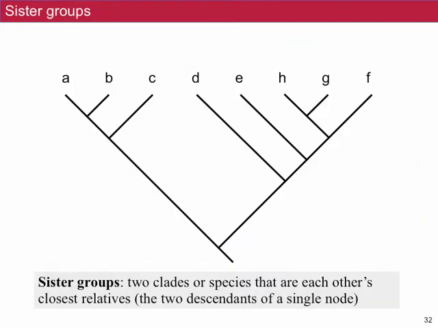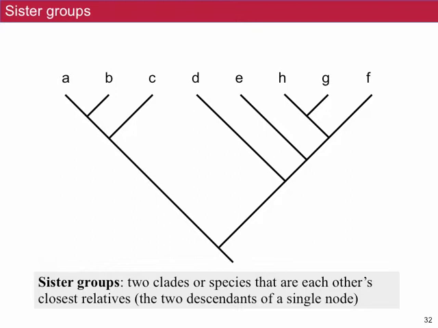So sister groups are two clades, or one taxon and a major group of organisms, or two individual taxa that are each other's closest relatives in the phylogenetic context that you're looking at. In other words, they are the descendants of a single node.